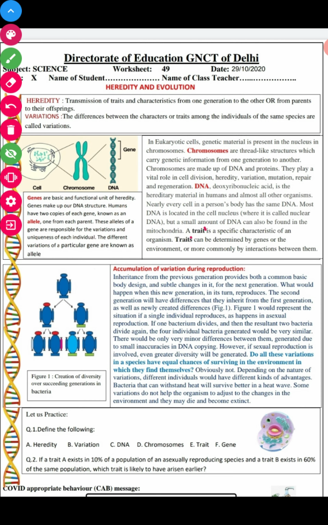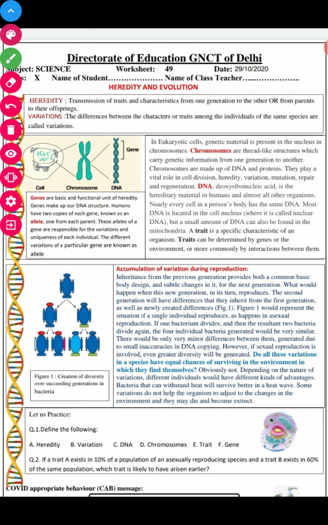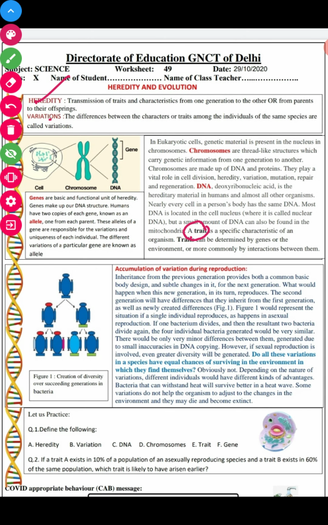Now, what is the definition of a trait? A trait is a specific characteristic of an organism, a new terminology for you. A particular characteristic of an organism is called a trait, and a trait can be determined by the genes or the environment, or more commonly by the interaction between them.